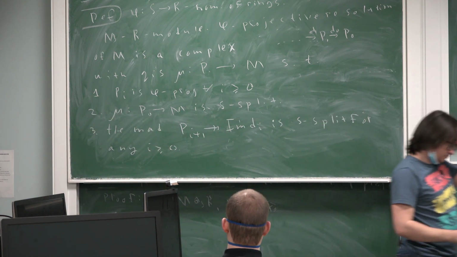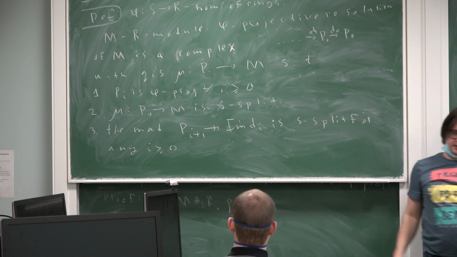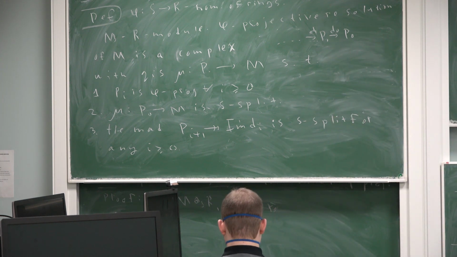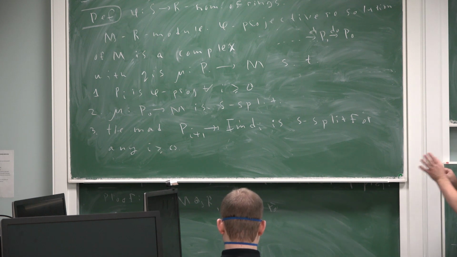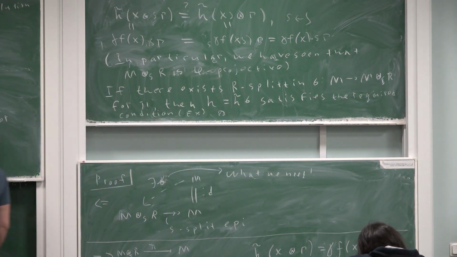So if we add here M and write this long exact sequence as a composition of short exact sequences, all these short exact sequences have to be a split.